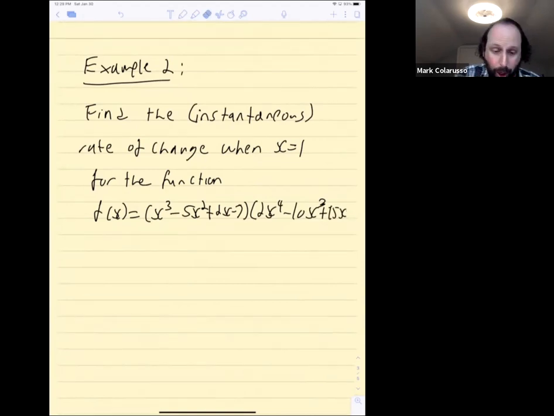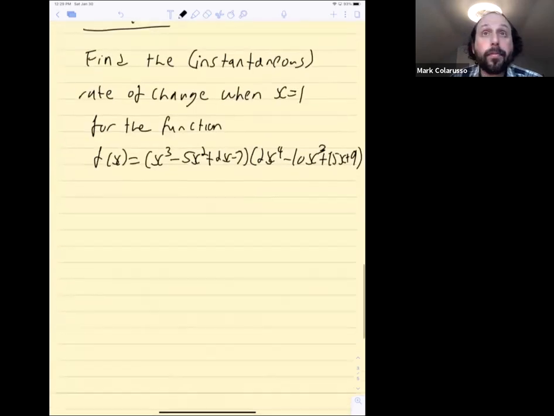So now I'm making sure I'm copying it correctly this time. Okay, so let's make sure that's right.